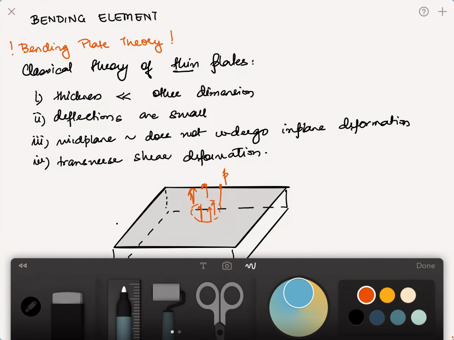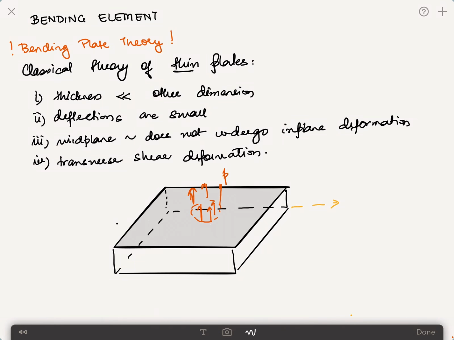Suppose I also draw the coordinate axes. Yeah, if this is X, this is Y, and this is out of plane Z. We always try to take out of plane as Z, always. Then we know that there will be a stress acting here in direction X, and you have drawn this diagram many times, so your stress in X direction actually looks like this.